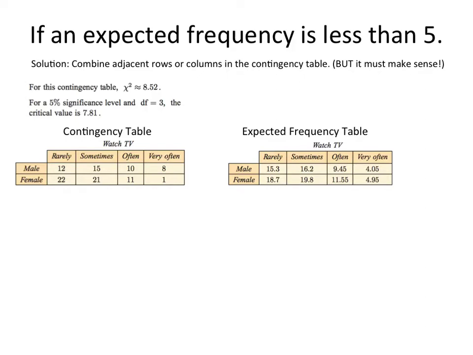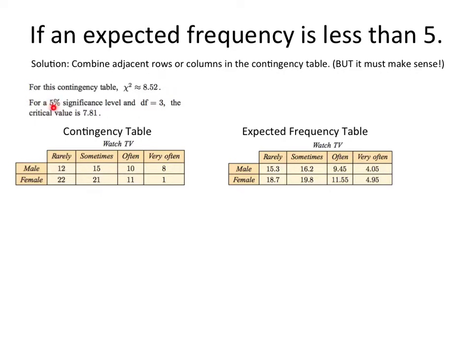So let's look at the first situation. If an expected frequency in one of my tables is less than 5, what do we need to do? Here's the solution, but let's consider an example first. We have this contingency table. The chi-squared value when we put it into our calculator is 8.52. So that's our calculated value.